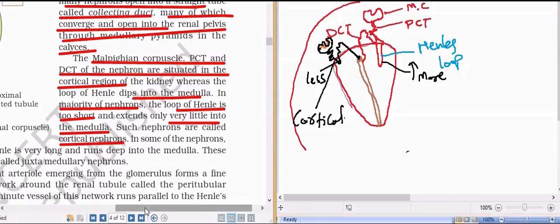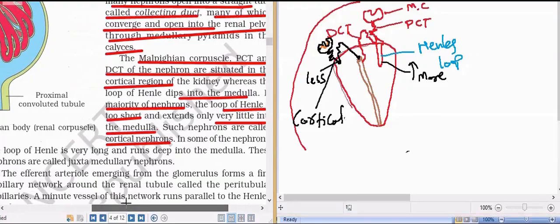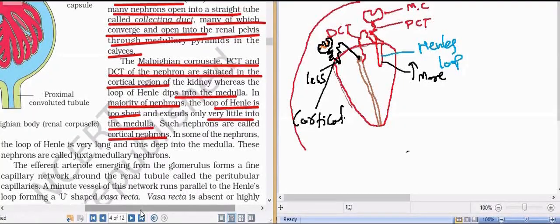In some nephrons, the loop of Henle is very long and runs deep into the medulla. This one, very long and runs deep into the medulla up to this much. These nephrons are called juxtamedullary nephrons.